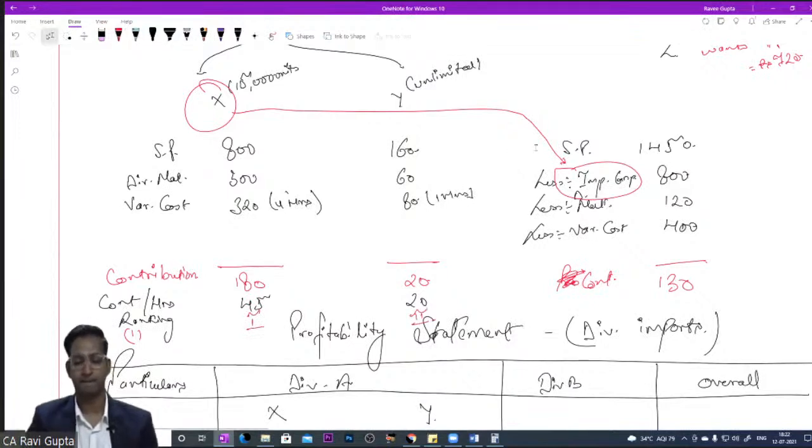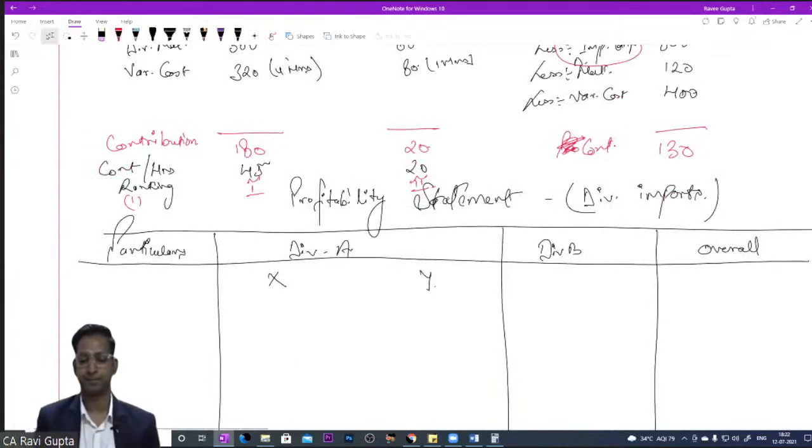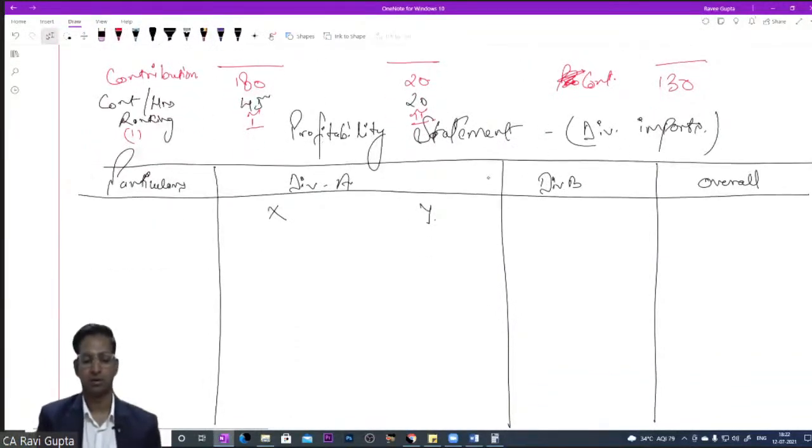Okay. And under X, we have external sales as well as internal. We have internal as well as external sales.